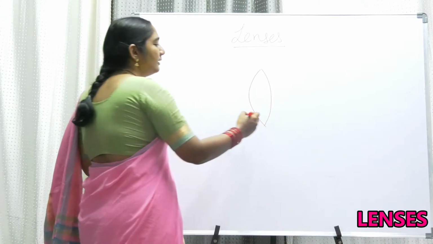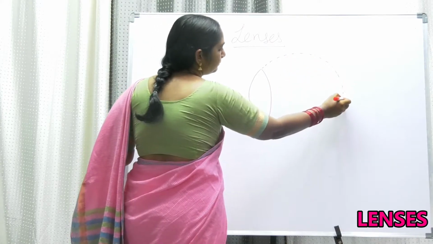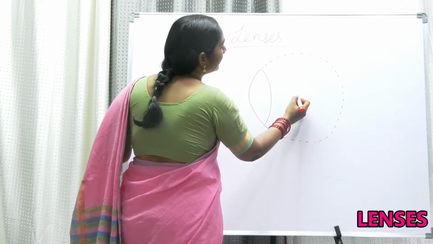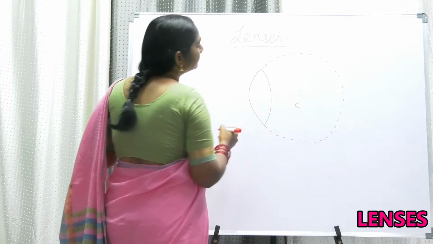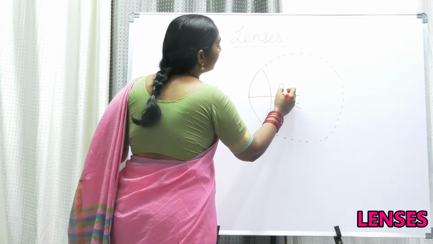My dear friends, with this particular refracting surface, if you complete a sphere, that sphere has a center called the center of curvature. And this radius is called the radius of curvature R1.